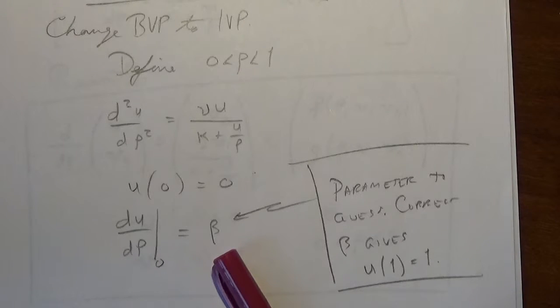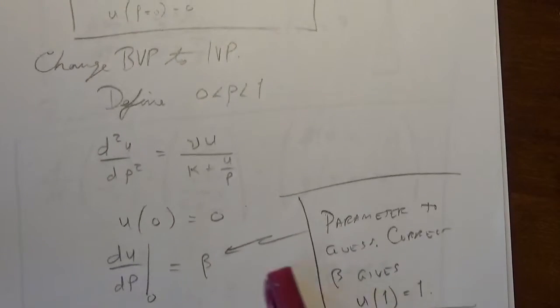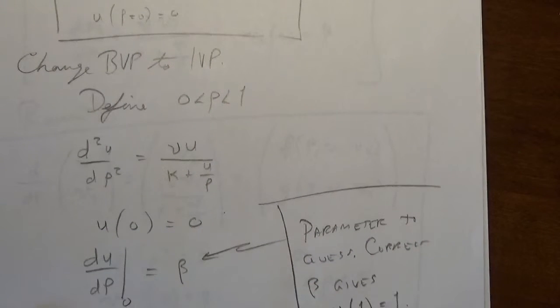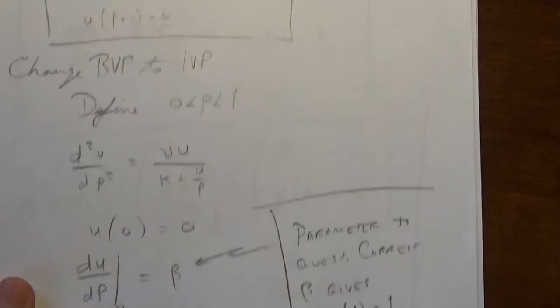We're guessing the initial trajectory, and after we solve the problem, we go back and check if that value of beta gives us the boundary value that we wanted. So this is a means to iteratively solve this problem.